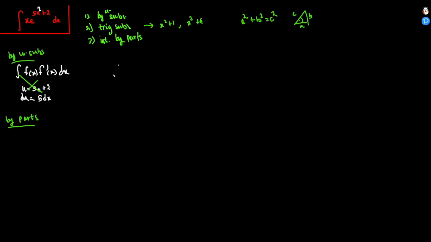So what's the first step? Well, let's just recall what the integration by parts formula looks like. If you have a function of the form f of x g prime of x, then the integral is given by f of x g of x minus the integral of f prime of x g of x.